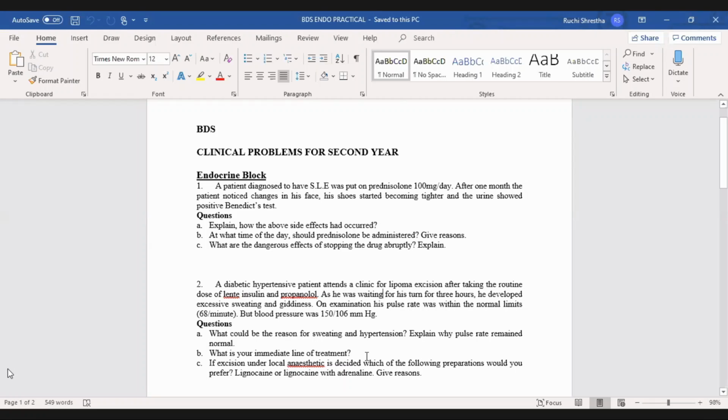So vasoconstriction will further increase the blood pressure, and in a hypertensive patient there is already increase in blood pressure. So there will be exaggeration of the increase in blood pressure. So in this case we only give plain lignocaine. In a hypertensive patient we give only plain lignocaine, not the combination of lignocaine along with adrenaline.